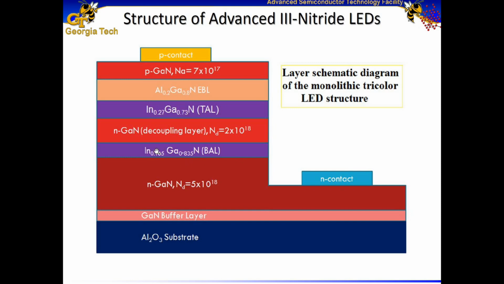For example, consider 10% indium and 90% gallium nitride. So this corresponds to a wavelength close to the ultraviolet light range, around 420-ish nanometers.